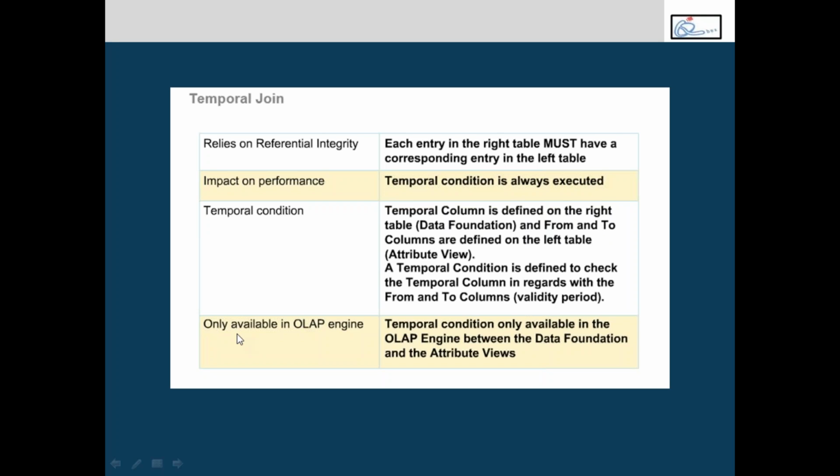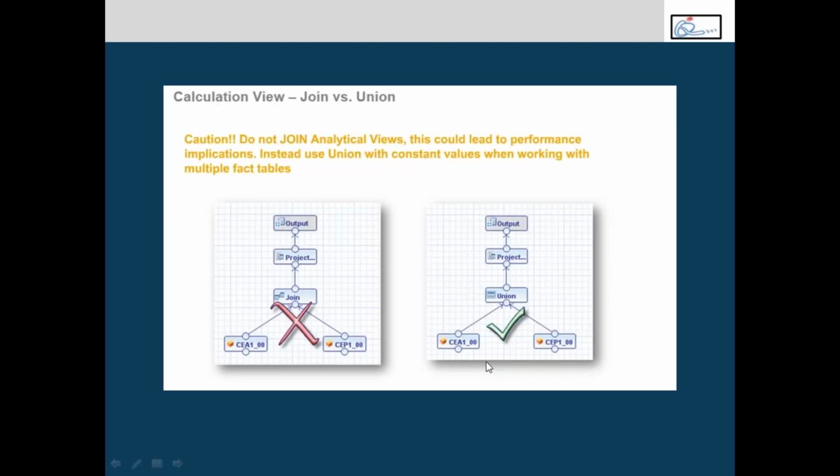It is only available in the OLAP engine, between the data foundation and attribute views. So only the star join, where you're joining the data foundation towards attribute views, only there can you formulate your temporal joins.